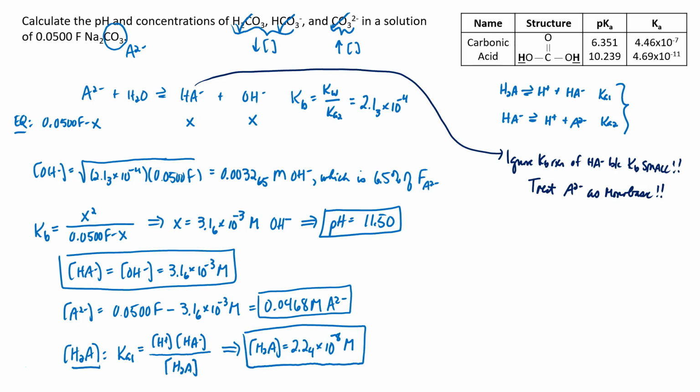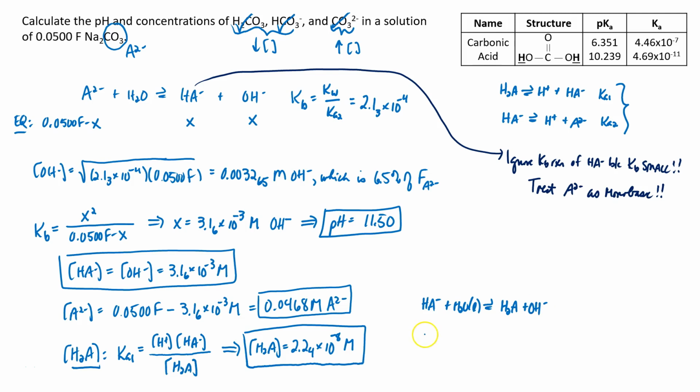Now, sometimes students think of a different way to get H2A, and it's pretty clever. They say, well, why don't I just use this Kb reaction for HA-, because it produces H2A, which is what I want, and OH-.